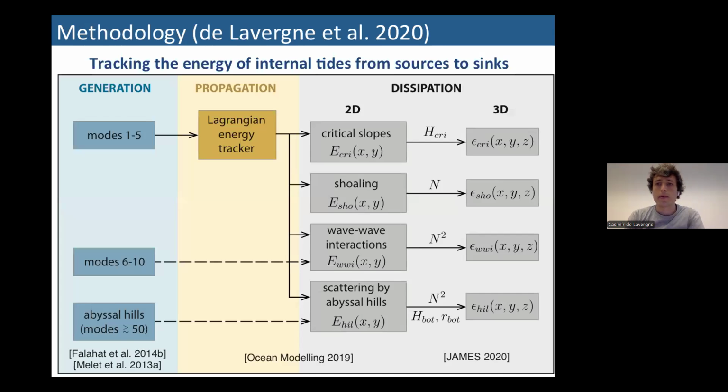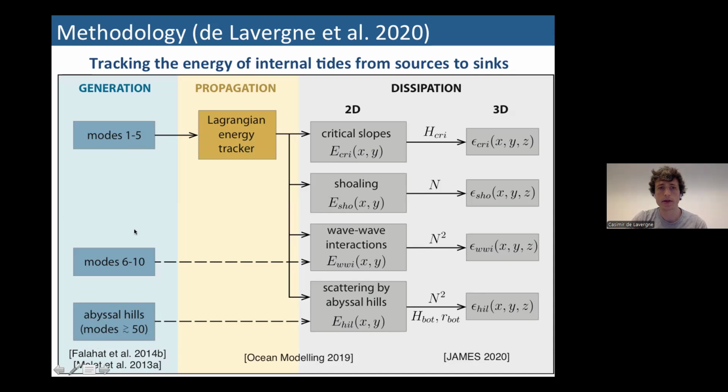So here is the methodology that we developed. So we want to track the energy of internal tides from sources to sinks. So we start from the generation, which has been decomposed into vertical normal modes by Falahat et al. We also have an estimate of internal tide generation by abyssal hills from Mellet et al.